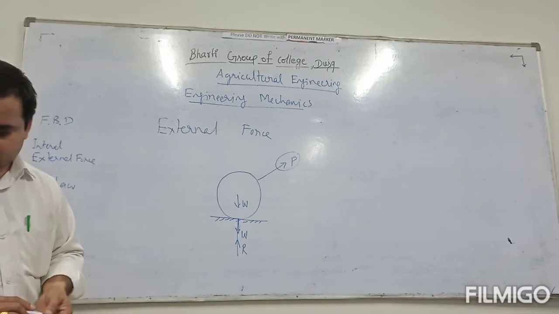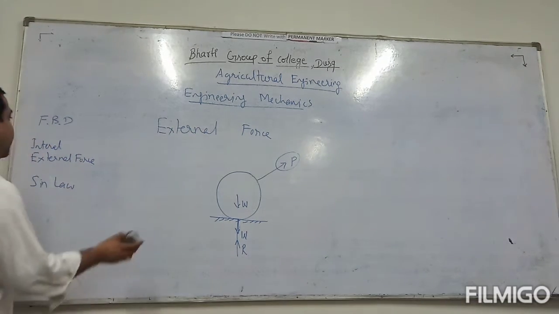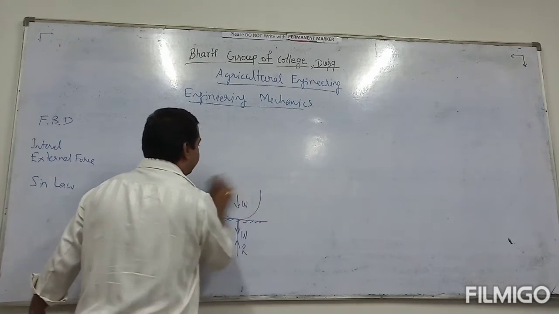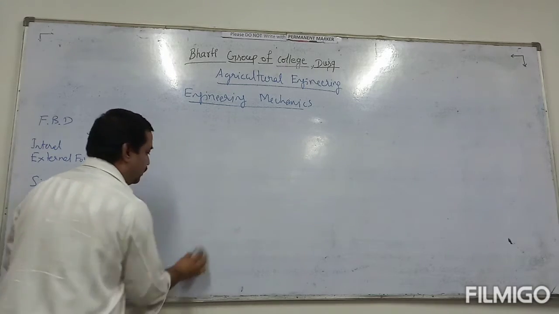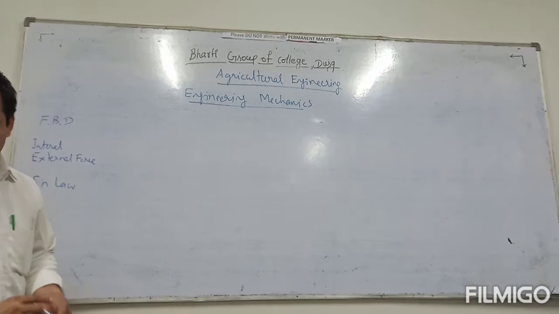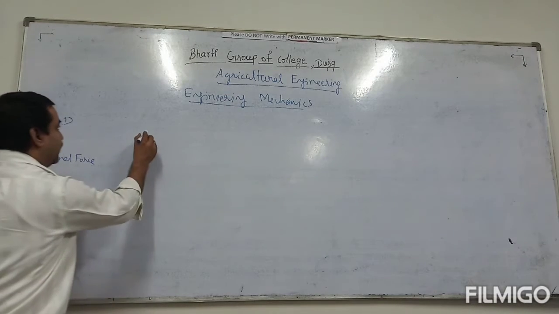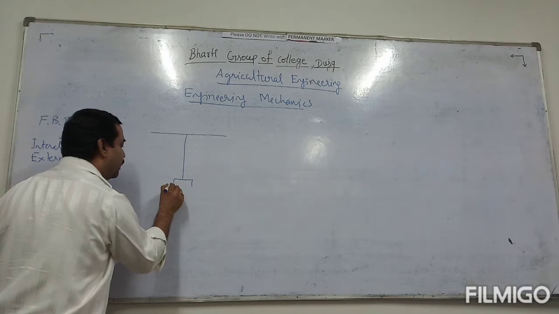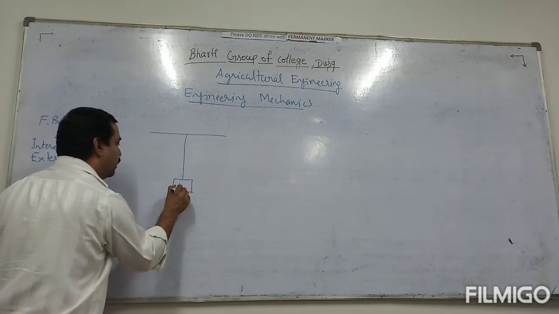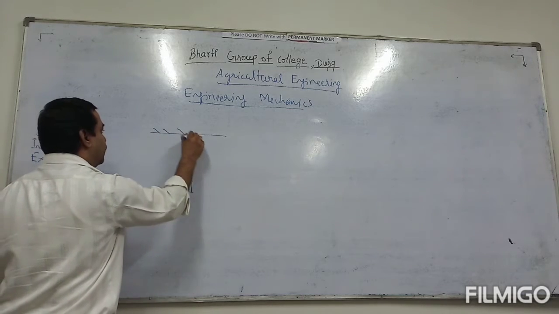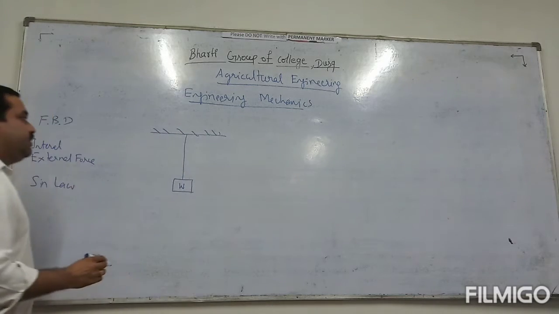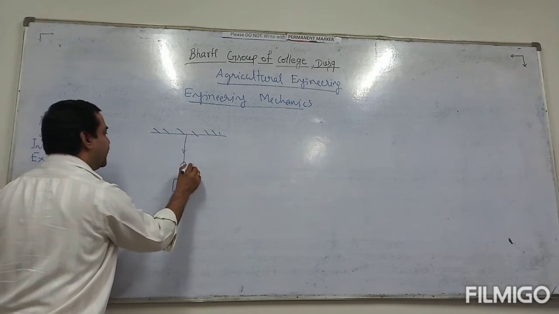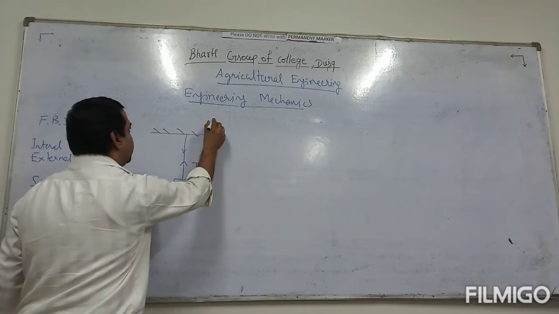Then next are the types of tensions in different parts. If any weight is lifted from the ceiling, then there is some tension in the string.